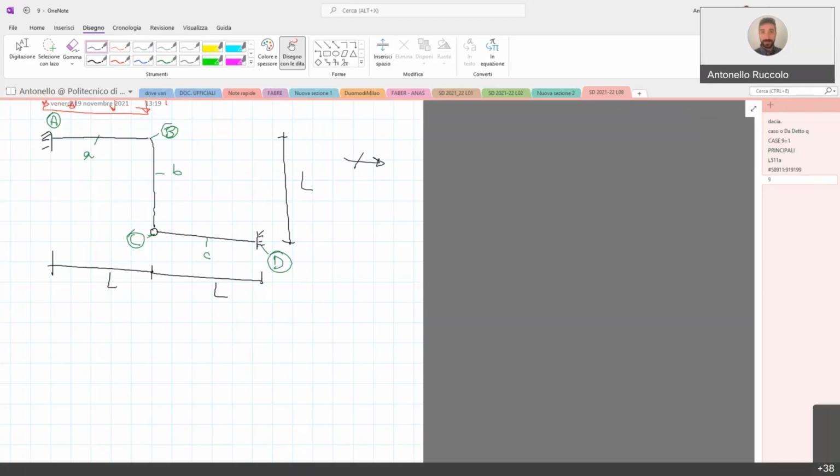So if the beam AB is axially stiff, and if at least one node, in this case the node A, belonging to the beam, cannot undergo horizontal displacement, and the node A cannot, because it is clamped in, it means that no point of this beam can have horizontal displacement.